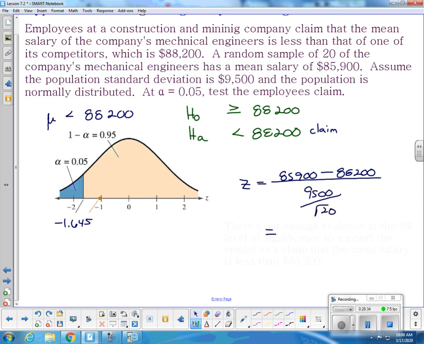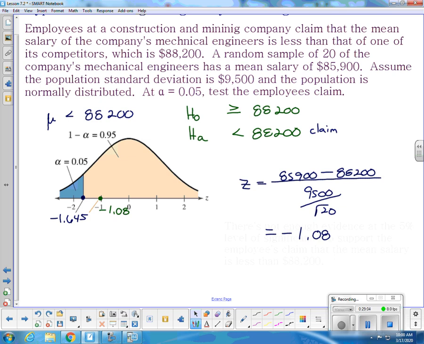I get a Z-score statistic of negative 1.08. If I put this on the number line, this guy right here is where negative 1.645 is, and this one right here is negative 1.08. So we are not in the rejection region. We're not.